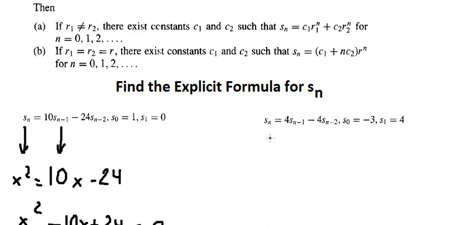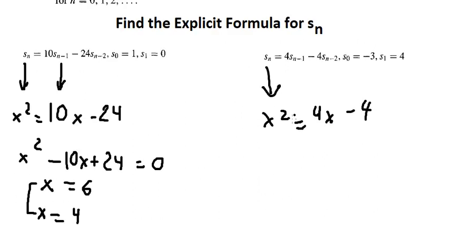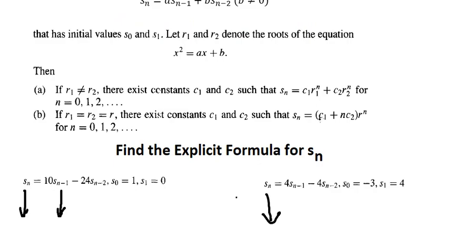The next one we do the same. So we calculate this one and we get s equals to number 2. So they have the same solutions, so we can apply this formula.